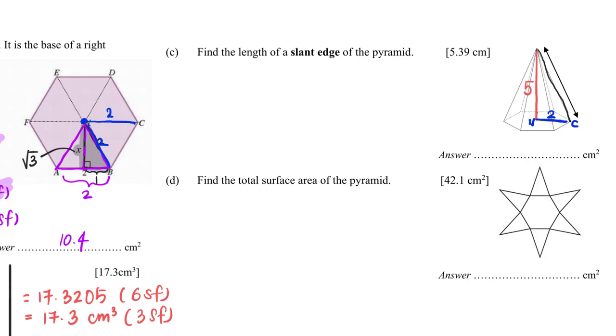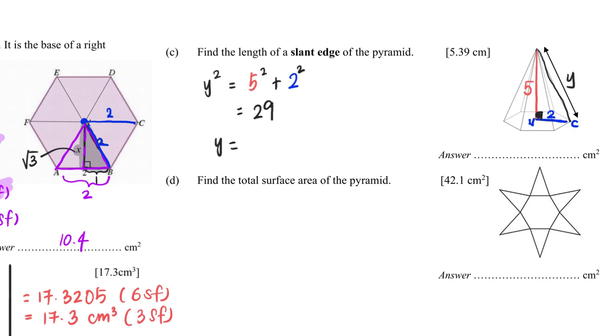And so again, we are looking at another right angle triangle, and I am going to call this slanted edge Y. So Y square is equal to 5 square plus 2 square, making use of Pythagoras theorem, and this will give me 29.